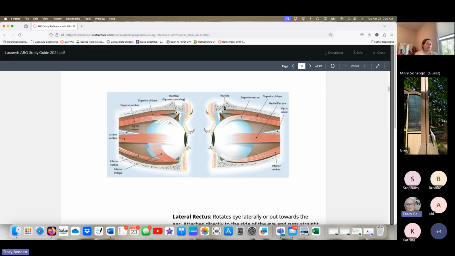Anyway, you still see the trochlea. That's what holds those superior and inferior muscles in there, those obliques. It's kind of like a little pulley system, so that they can all still go back to that one central place where they originate from.